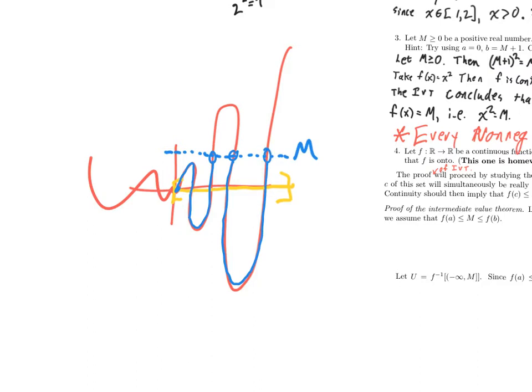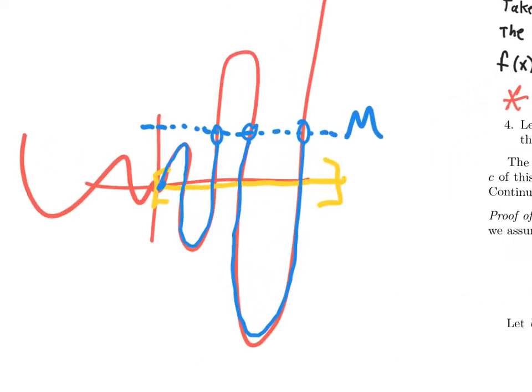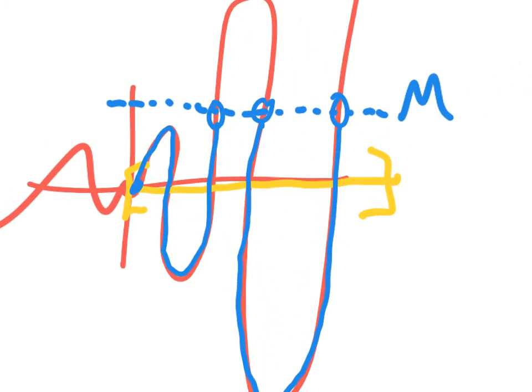So that means the bit of the graph that I want to study consists of, let's see, a little bit thicker.